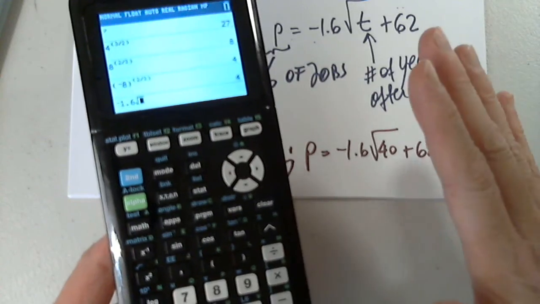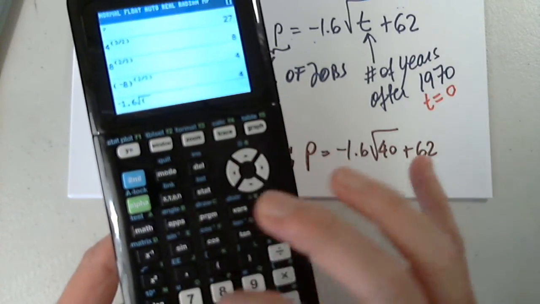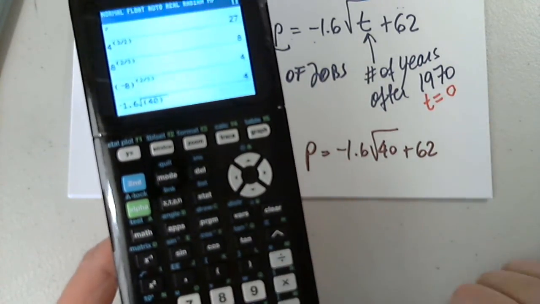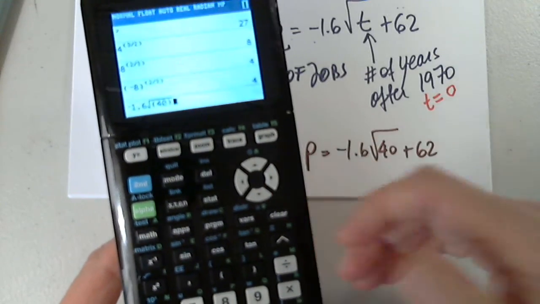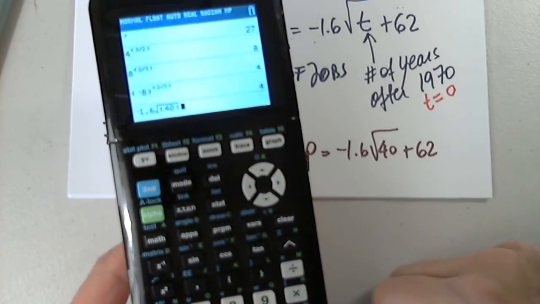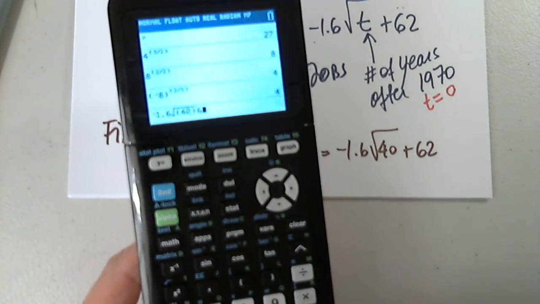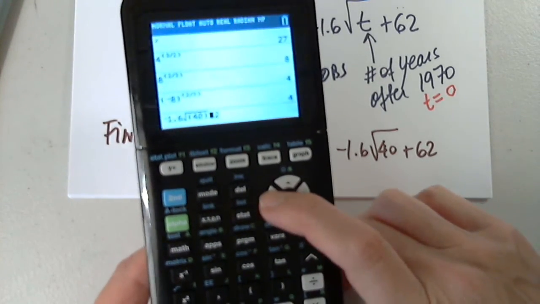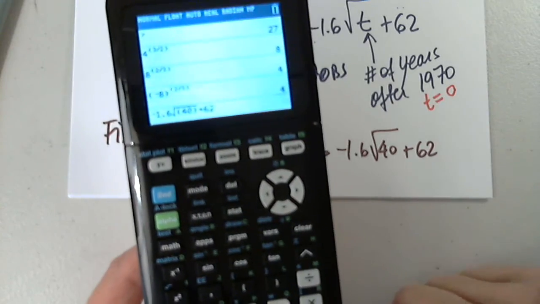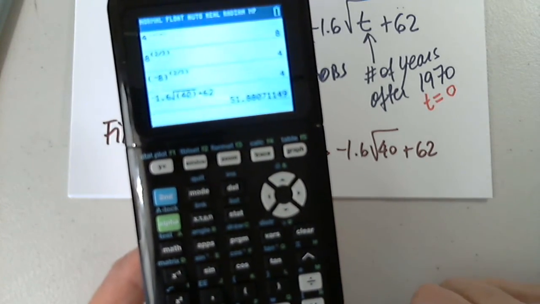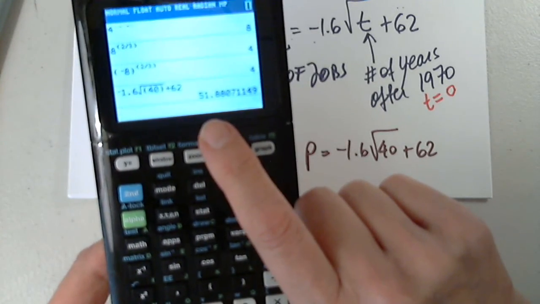This calculator doesn't need parentheses, but I always put parentheses under the square root or any root, because some calculators will force you to. I don't know what type of calculator you have. Plus 62, and we press enter, and we'll see the percentage.